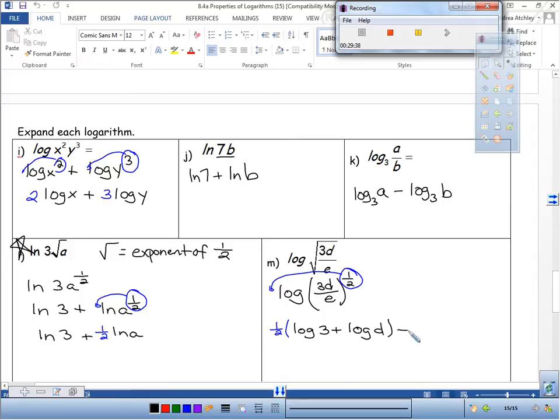Then I'm going to subtract. I'm going to need that 1/2 again, the log of e. Any questions over that? We're all good? Okay.